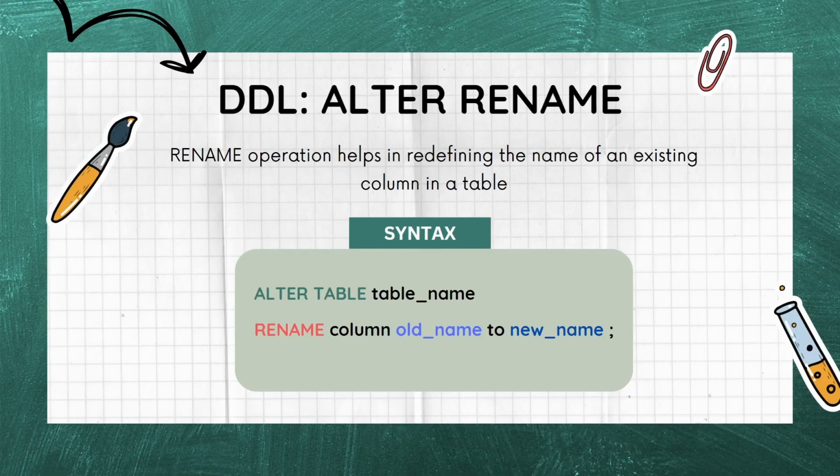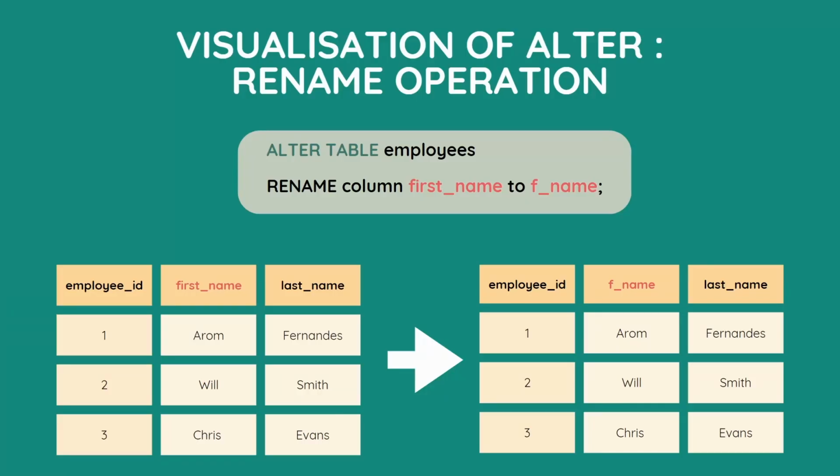To rename a column in SQL, you can use the alter table statement followed by the rename column clause. Here's the syntax: alter table, table name, the word rename, then column, the old name to new name, followed by the semicolon. Now, let's look at an example to understand it better. In this example, you have this table called employees with the following columns: employee ID, first name, and last name.